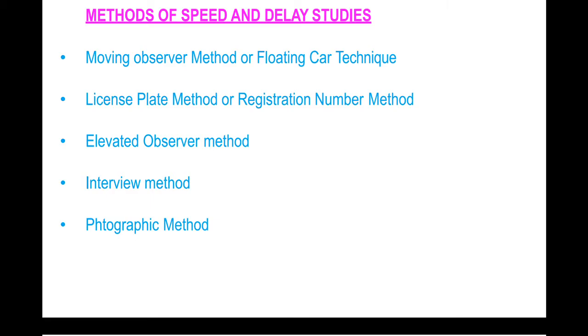The surveyors would be placed at the boundary lines of the roads which enter and exit from the study area, and the surveyors would record the license plate number of the entering vehicle and also the time of entry, and when the vehicle would leave that study area, again the surveyor would record the license plate number and the time of exit.